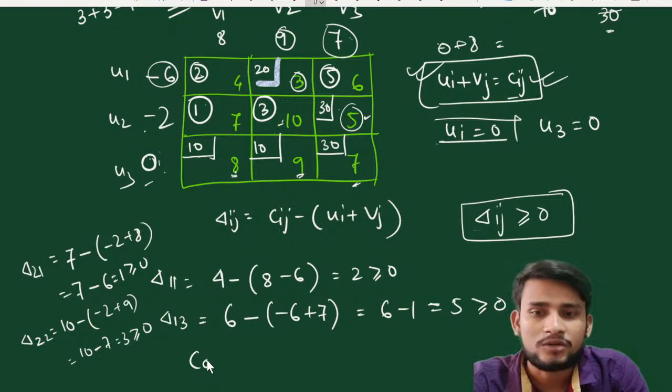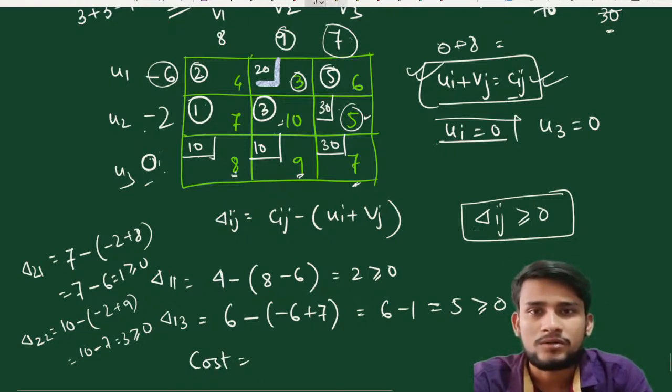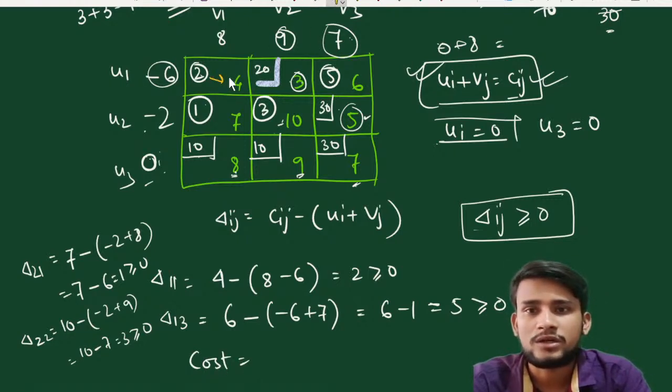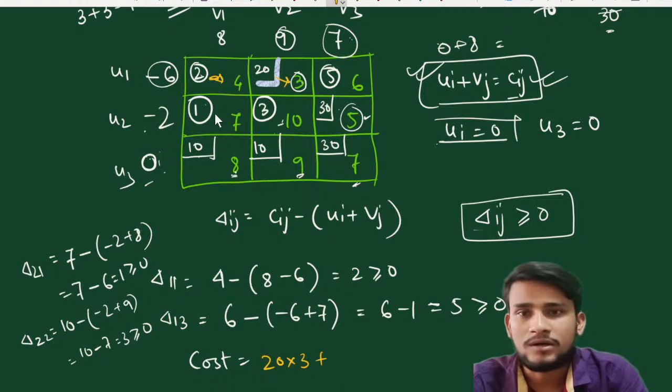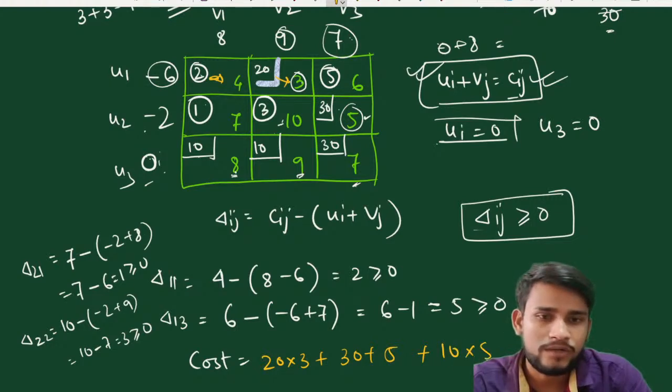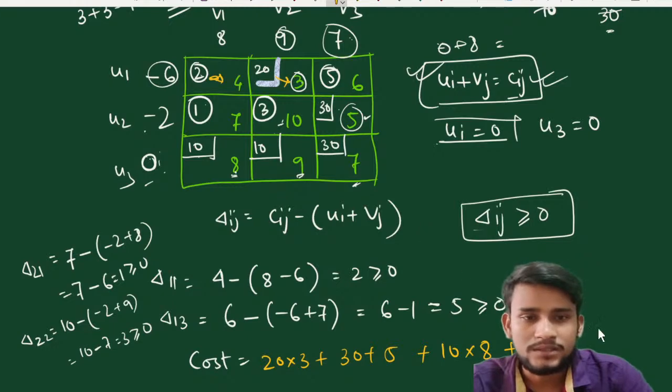Therefore the cost is equal to what? Cost is equal to 20 into 3 plus 30 into 5 plus 10 into 8 plus 10 into 9 plus 30 into 7.